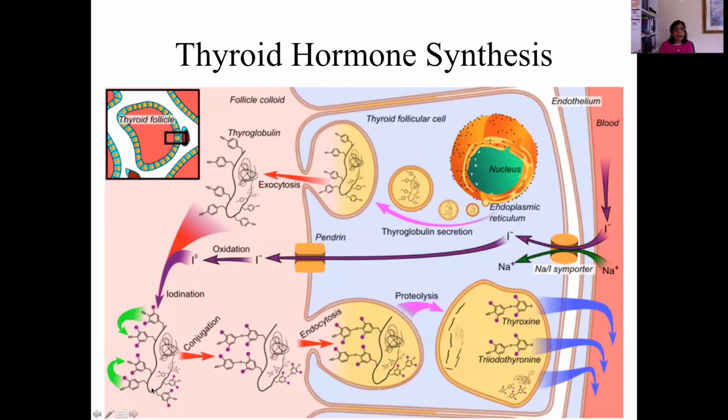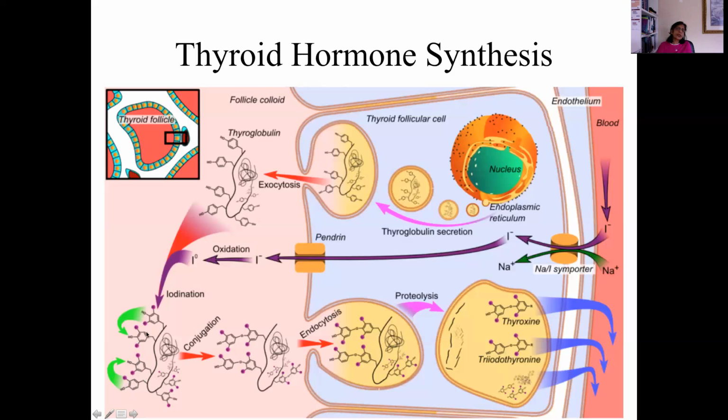And now, similarly, you're looking at this tyrosine with two iodines and this tyrosine with one iodine. So if these two are combined, you have T3, three iodines attached to tyrosine.